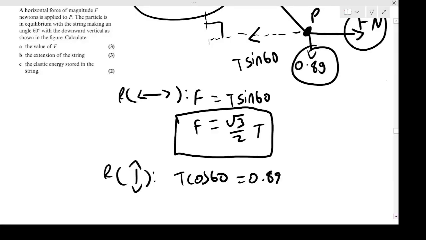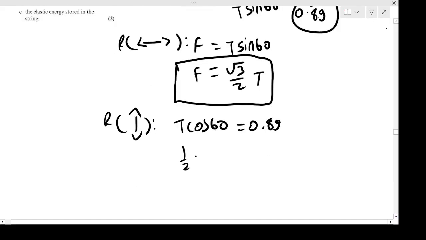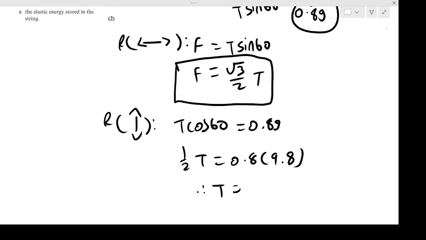Well, there we are. We can work out T from this. We know that cos 60 is a half. So half T is 0.8 lots of 9.8 for g. So that means T, if I solve this, I get 15.68. And there we are.